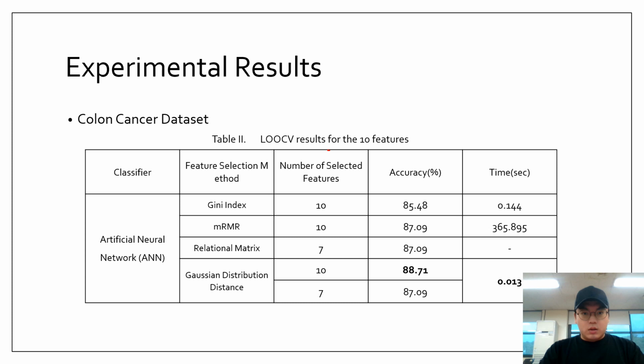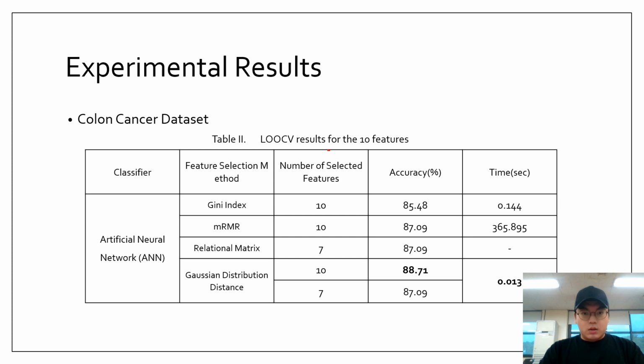Table 2 shows the result of leave-one-out cross-validation for the features selected based on the Gini index, MRMR, relational matrix, and the measurement method of the distance between normal distributions.